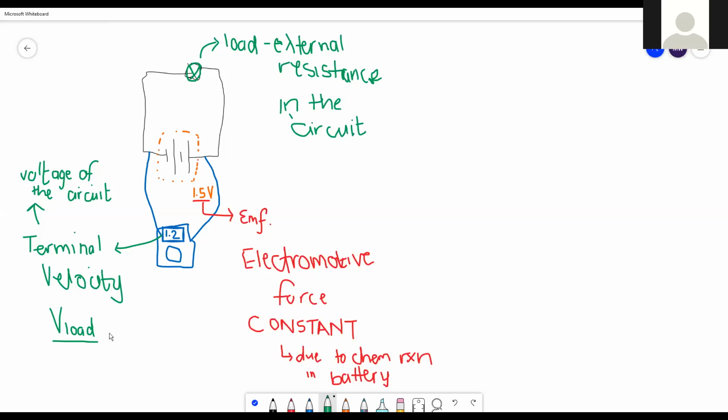And if you want a formula for it, V load is equal to I R, and that is your overall resistance.